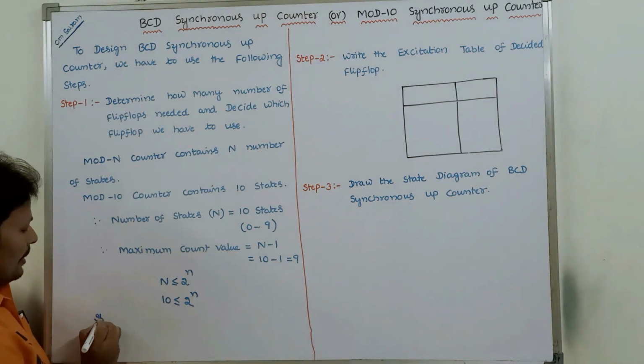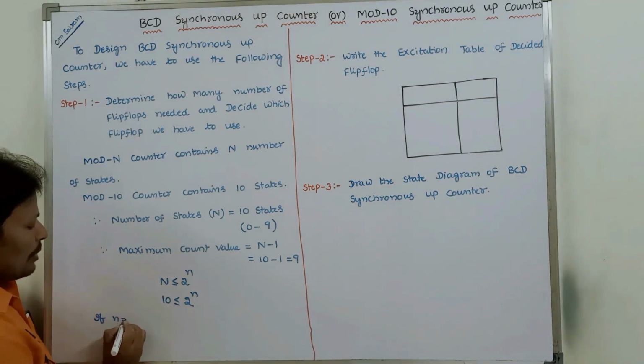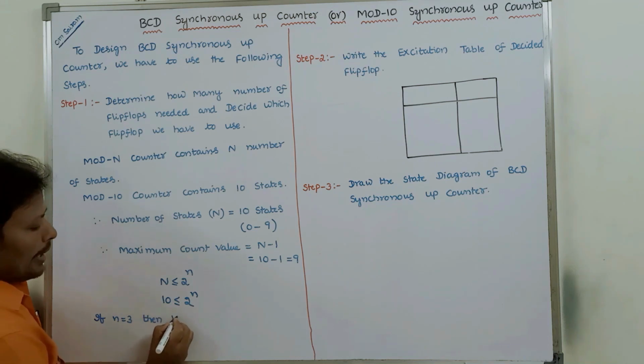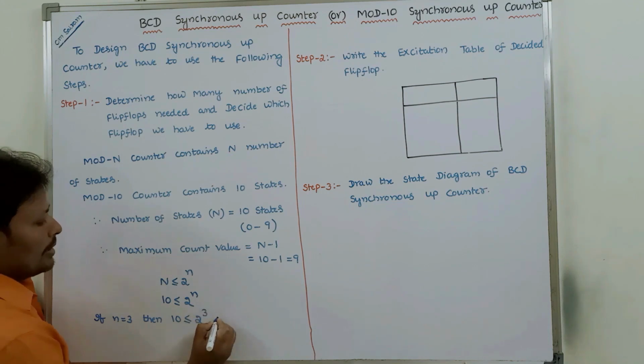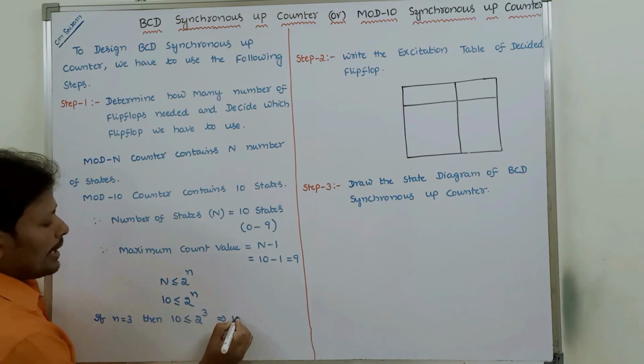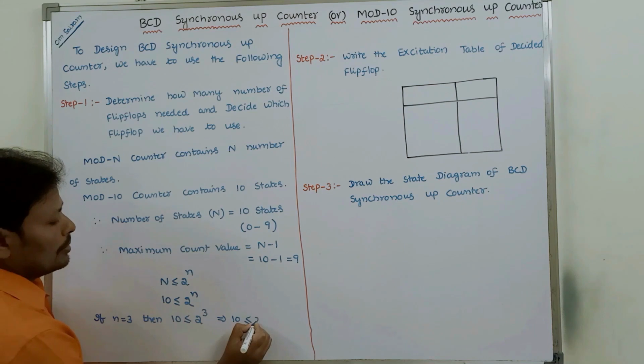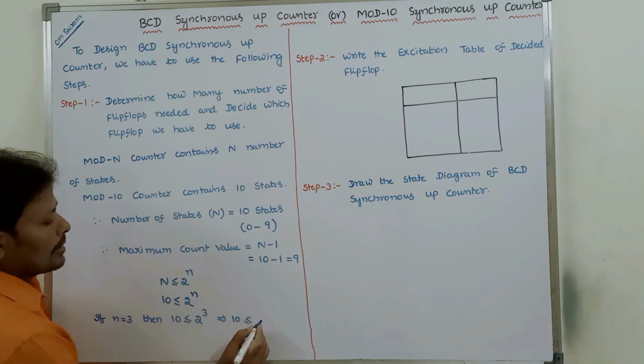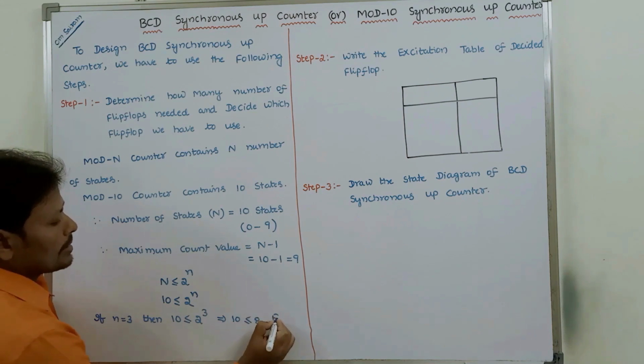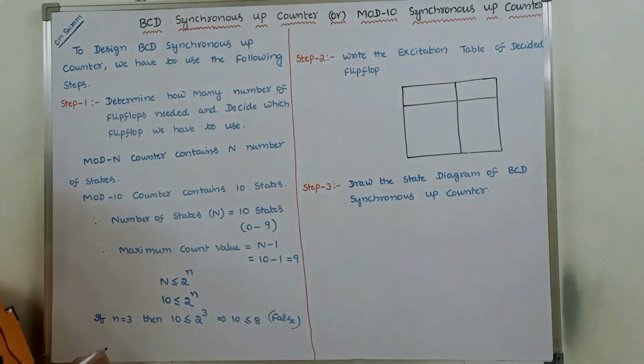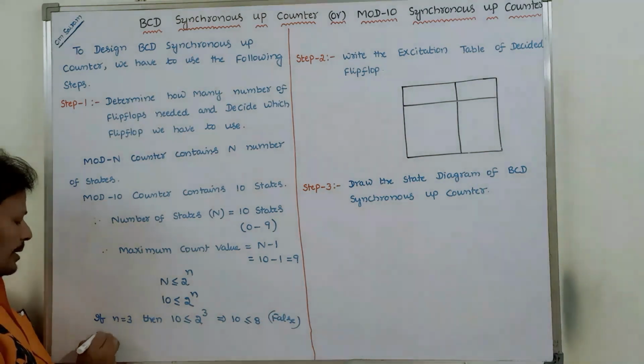If n value is equal to 3, then 10 less than or equal to 2 power 3. That implies 10 less than or equal to 8. So this is false. Next, substitute n is equal to 4.